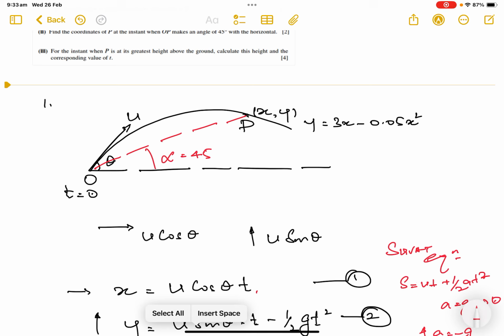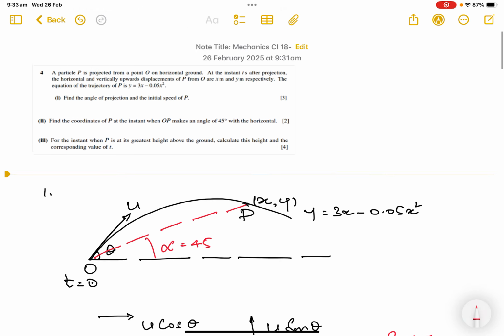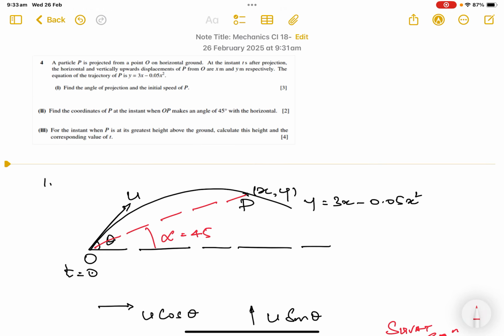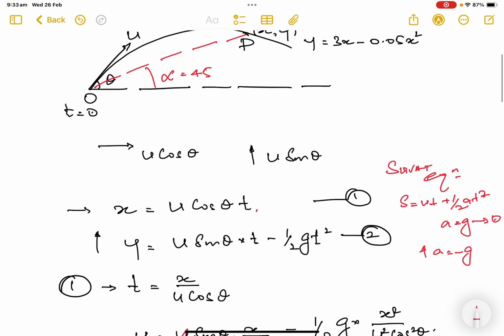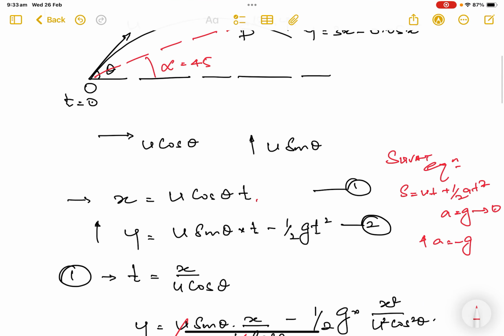When t equals 0 initially, u is the projection speed with an angle theta. I just divide that speed into horizontal and vertical: horizontally u cos theta, vertically u sine theta.